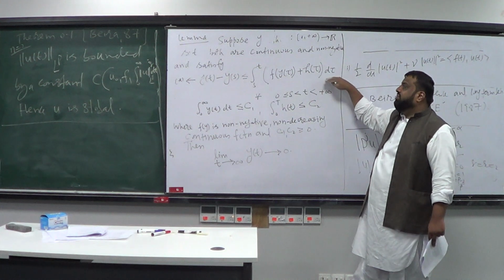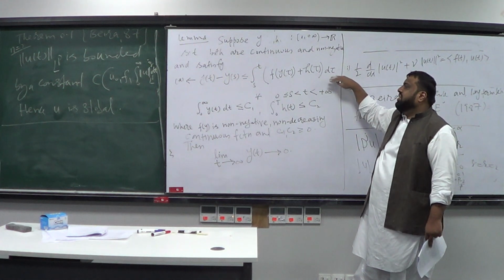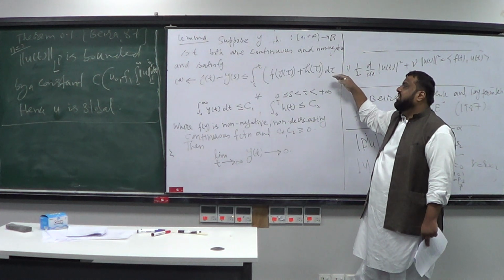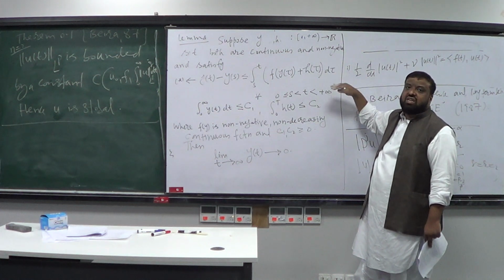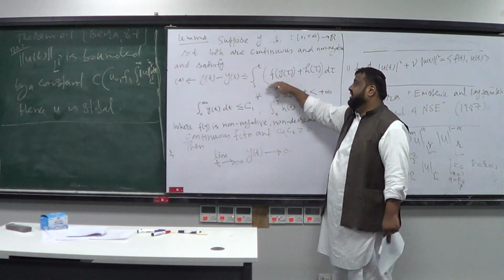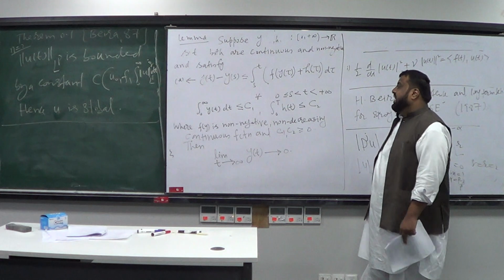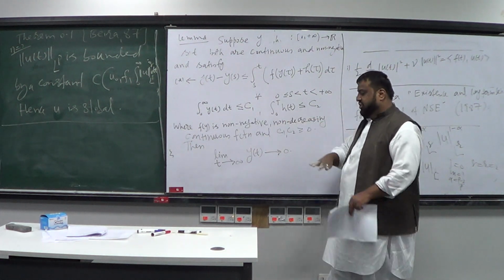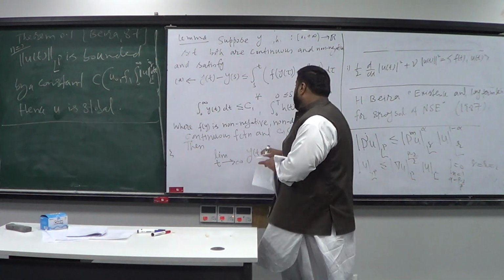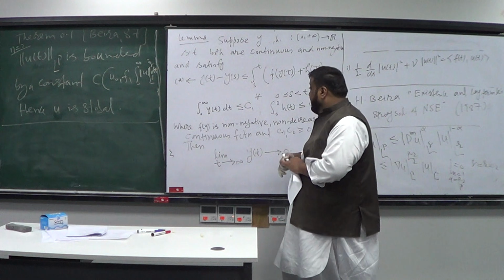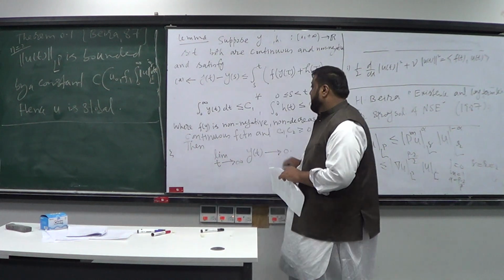But now we replace that differential inequality by a weaker condition, which is this integral inequality. In other words, your y satisfies this, and obviously y and h both are integrable over the entire interval 0 to infinity.